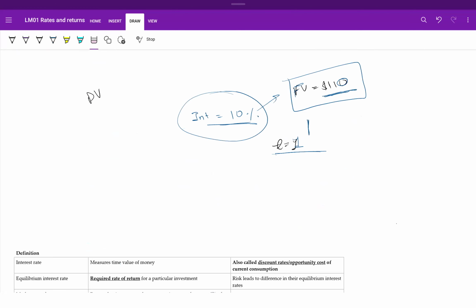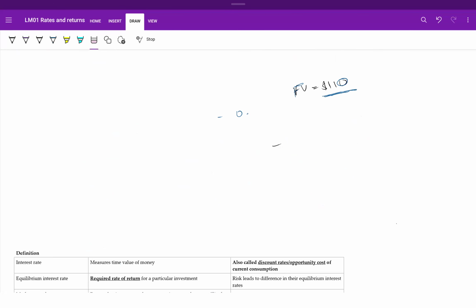Okay, so when we talk about interest rate and the time value of money, let's discuss one more example, a different interpretation of interest rate using an example. Say you lend $900 today to somebody and you receive $990 after 1 year.